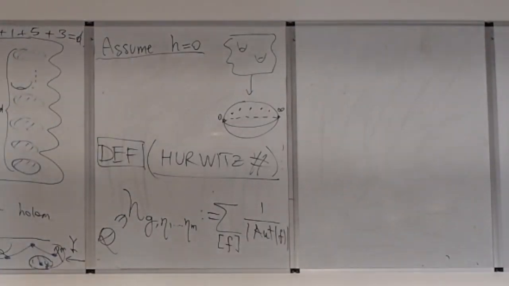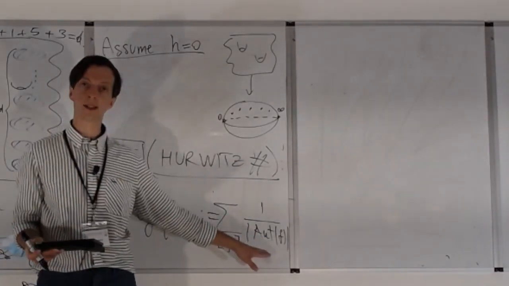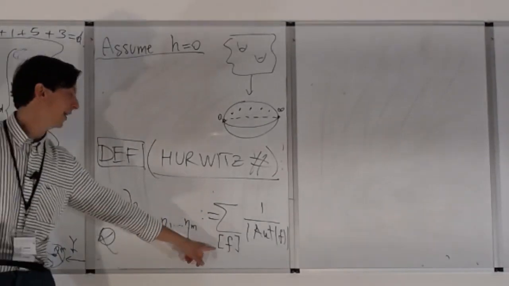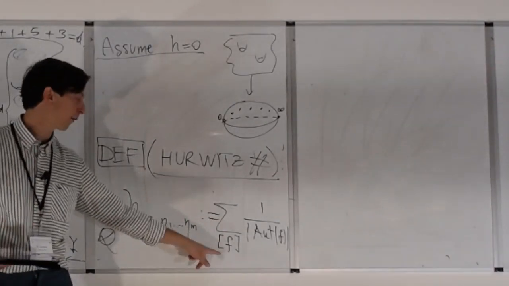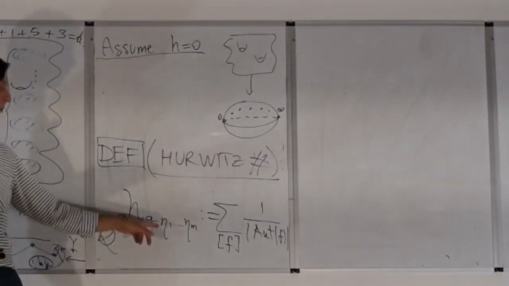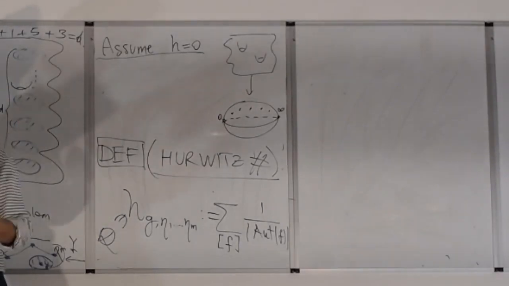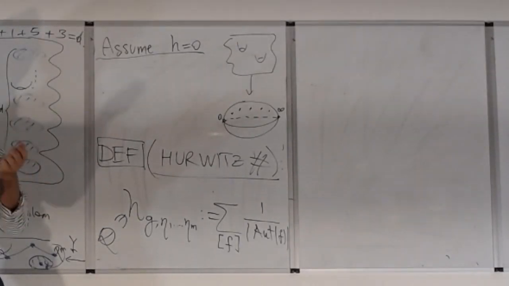But this is, again, more or less obvious, because if the Euler characteristic is negative, then you have finitely many automorphisms. And again, here this sum over f only depends on the partitions, and for each partition you have to decide how you mix up these sheets that come together, and because there are finitely many sheets, there are only finitely many ways to mix them up.